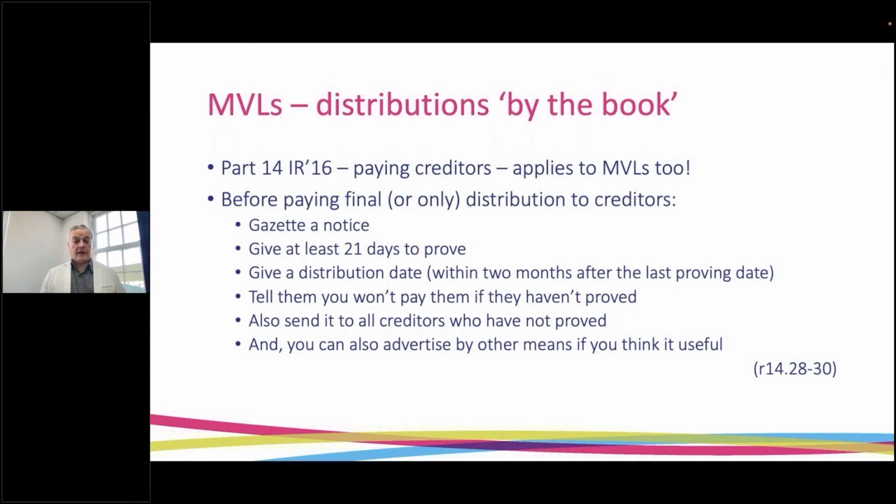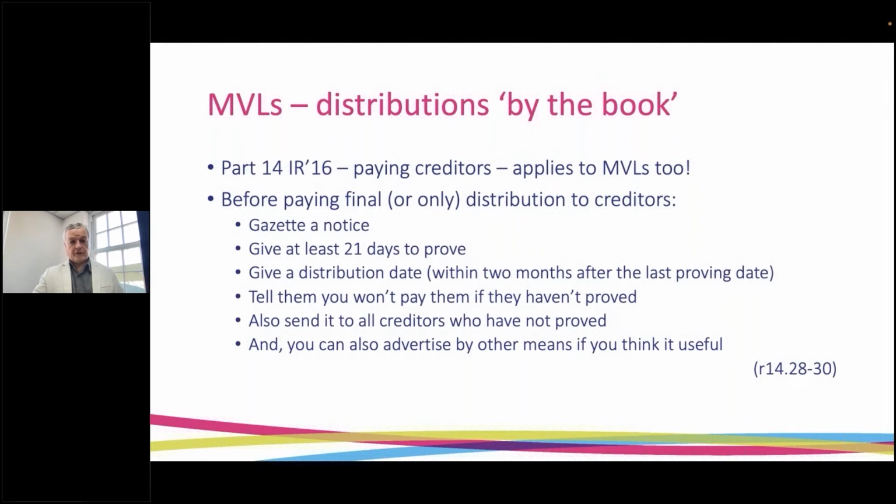In the case of an MVL, doing it by the book, before paying either a final distribution to creditors or a one and only distribution, then you should be gazetting a notice to creditors, which will give them at least 21 days to prove their claim. And the notice should also set a distribution date, which shouldn't be more than 2 months after the date that you are giving them for proving their debts.